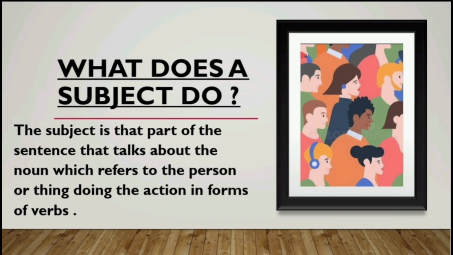What does a subject do? The subject is that part of the sentence that talks about the noun which refers to the person or thing doing the action in forms of verbs. Therefore, a subject is that part of a sentence which is basically a word or a group of words about which something is being said.